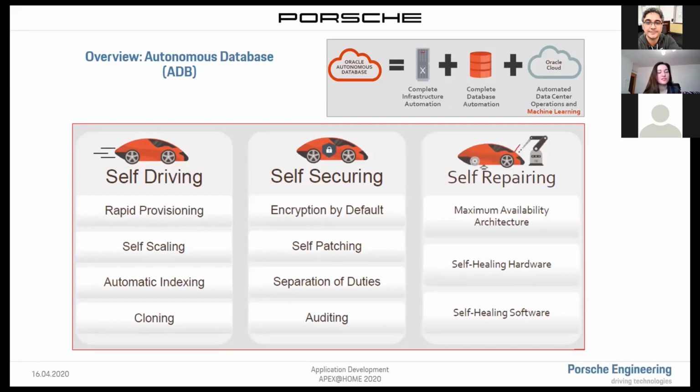Autonomous Database has the self-driving characteristic that helps us provision an instance in no more than 2 minutes. Behind the scenes, we actually have a RAC database based on Exadata infrastructure. It is self-scaling.